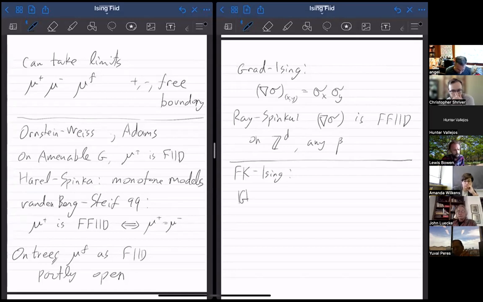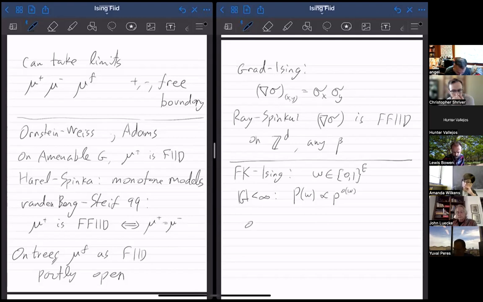If G is finite, then the probability of a configuration omega, where the configurations are on edges, so it's {0,1} to the edges, so we have open and closed edges, is going to be proportional, up to normalization, to some weight p to the number of open edges in omega.